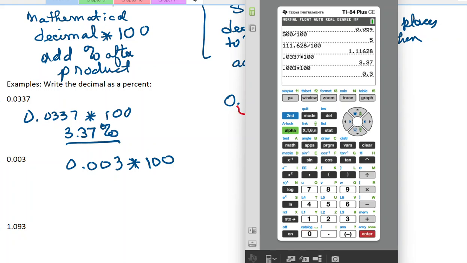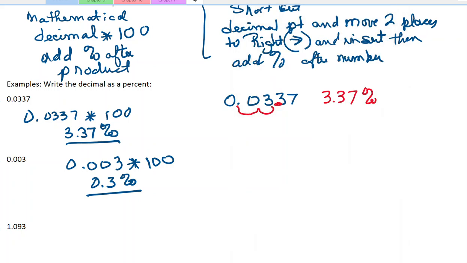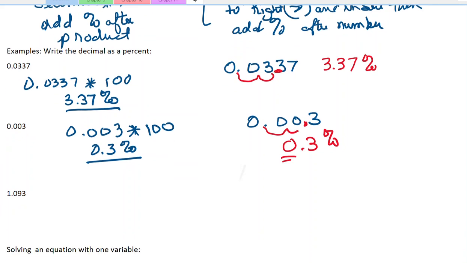And I get 3 and add the symbol. See, they get the 3. All right, now we're going to do it the other way. I start at my decimal and I move it to the right 2 and put a new position. So I'm going to rewrite it. The 0 in front of the decimal is just to show you that it's a very small amount.